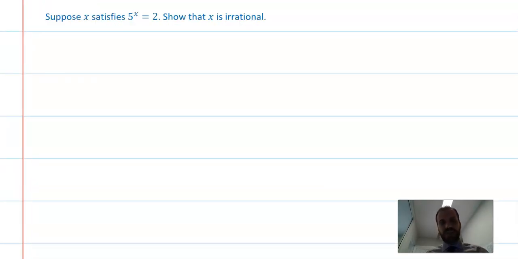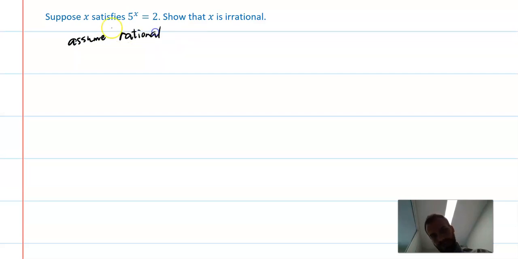This one's kind of similar. Suppose x satisfies 5 to the x equals 2. Show that x is irrational. So obviously if we want to show that x is irrational, we should assume it's rational. Assume x is rational. All right, so if we assume x is rational, we can let x equal p over q.